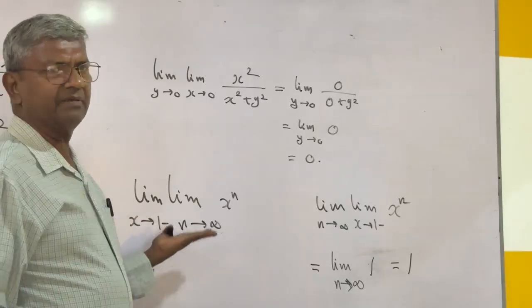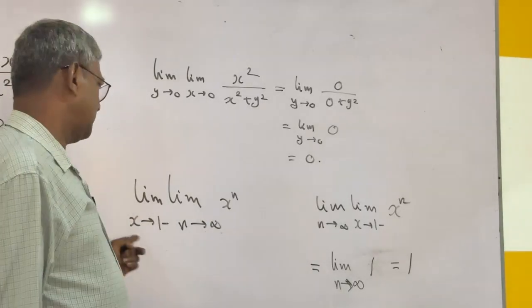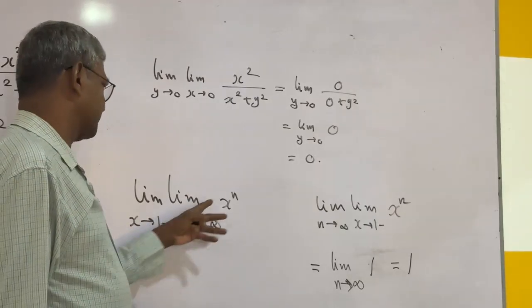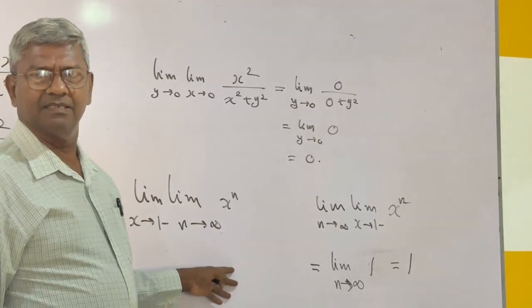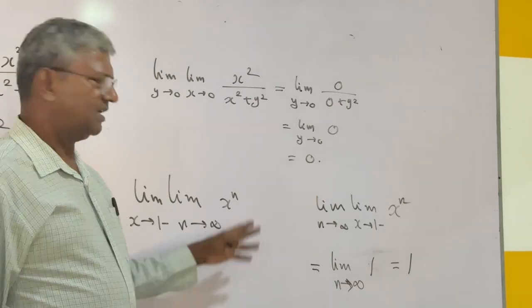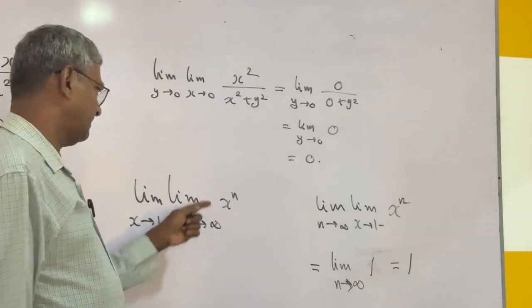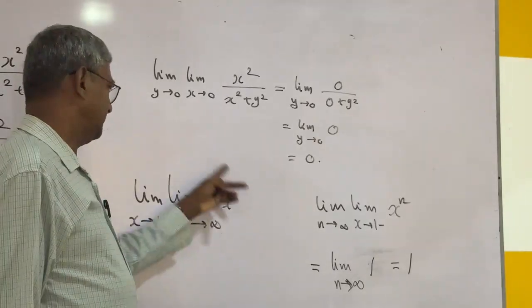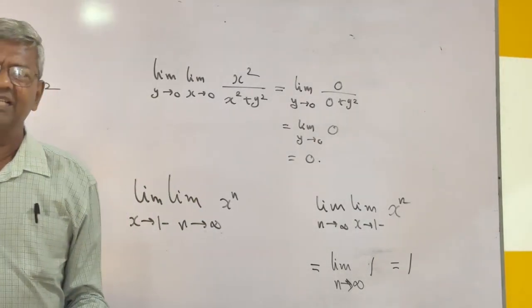Then x tends to 1 minus is again infinity. However, if x is less than or equal to 1, then you get 1. 1 to the n is 1 always. However, if x is less than 1, this answer is 0. That's what I was explaining.